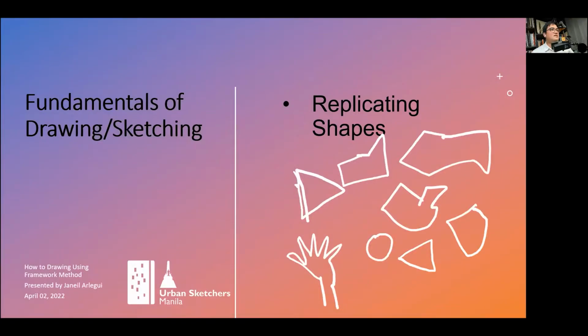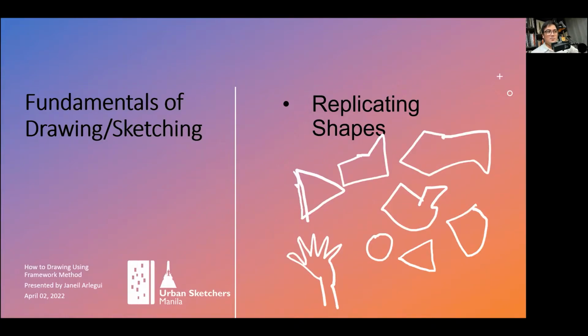So that's the number one principle. And then replicating shapes. Those outer lines, the silhouette of a building, for example, is what I usually tackle first. So you replicate the shapes based on the silhouette or the tangent edges of an object.